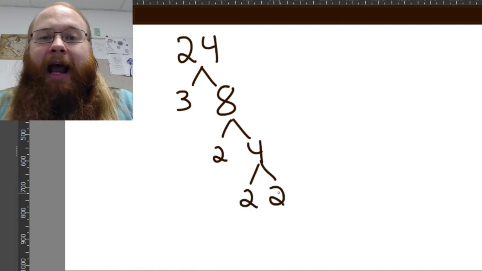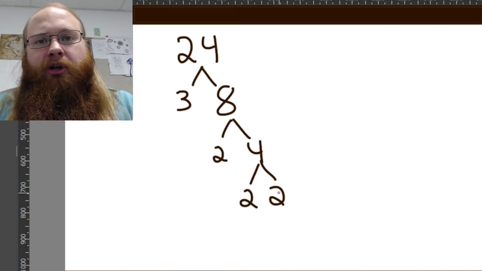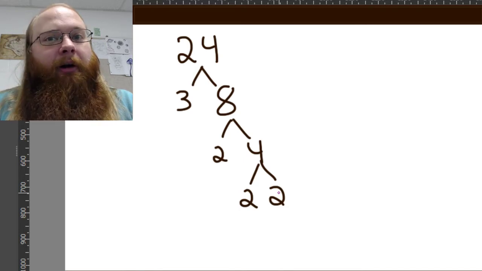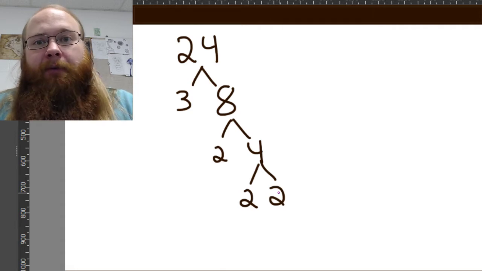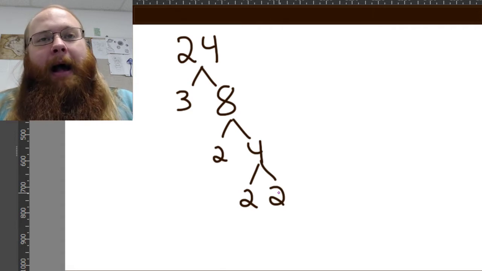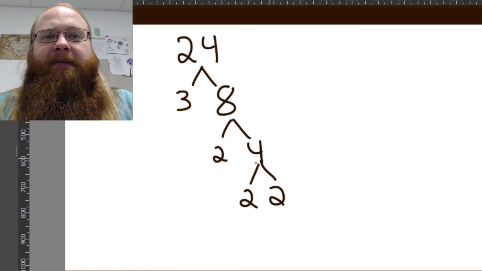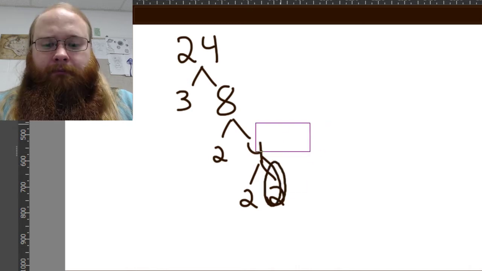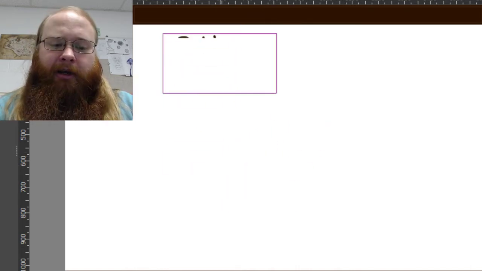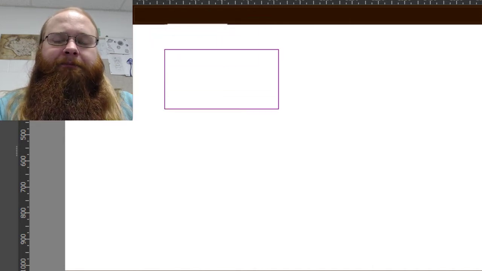So no matter how we factor this, we're going to get the factors of 2, 2, 2, and 3. However you'd like to factor it yourself, feel free to do it that way. I personally like to take 2's out if it's even. That way I make sure I get everything.